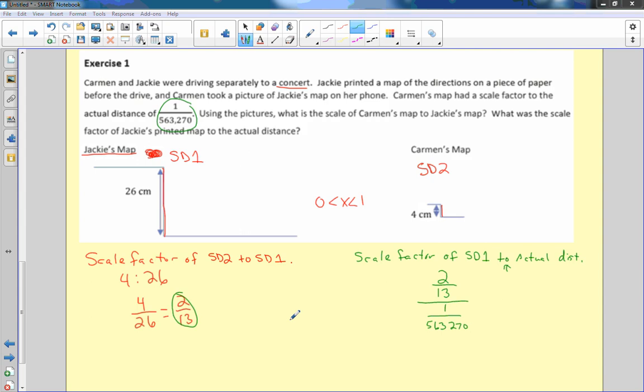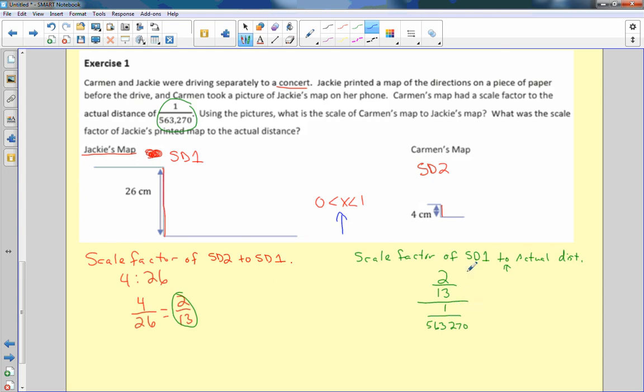Once we set up an equation like this, we want to make sure that we are meeting this obligation here. If we're going from scale drawing 1 to the actual distance, we're comparing a scale drawing to the actual distance. The scale drawing is a reduction, so I have to come up with a value between 0 and 1 for it to be decreasing in size. And the way I have this set up right now, if I flip it and do the multiplicative reciprocal, 2/13 times 563,270 over 1, I'm going to get a really big number, way bigger than 1.